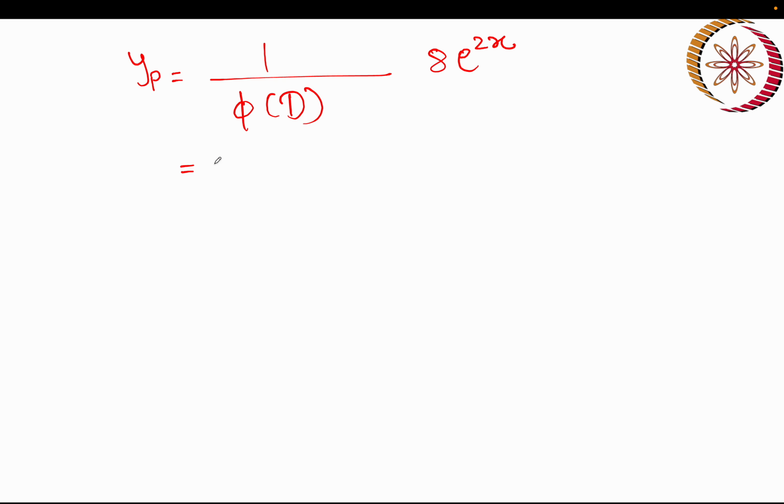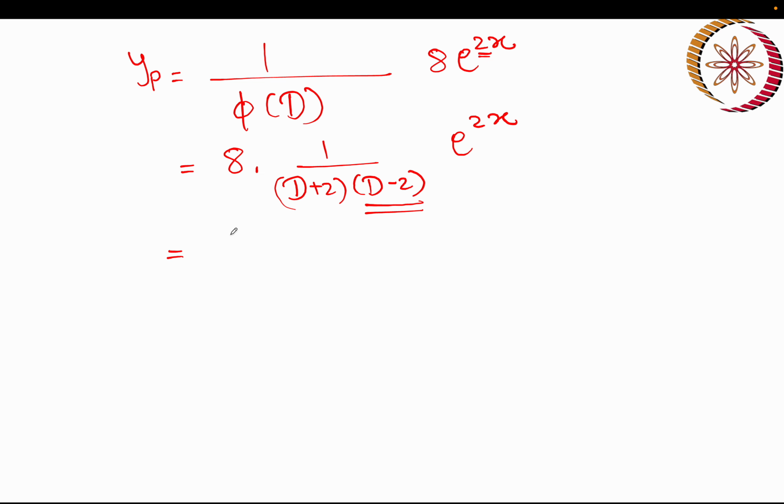Okay, so we can just substitute this coefficient 2 into this polynomial, but the problem here is that we have the roots plus 2 and minus 2. If we directly substitute this, one of the terms is going to be 0.